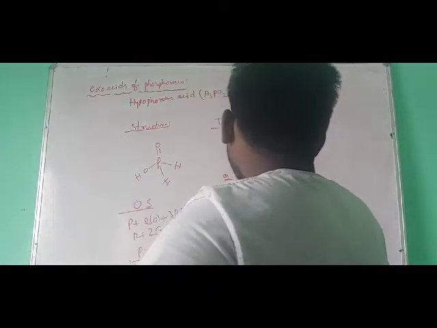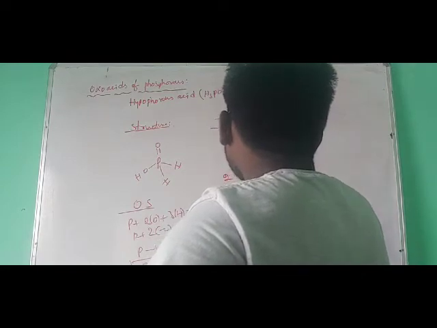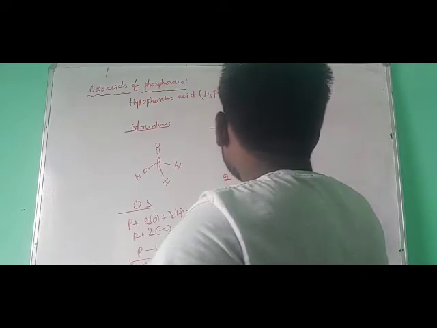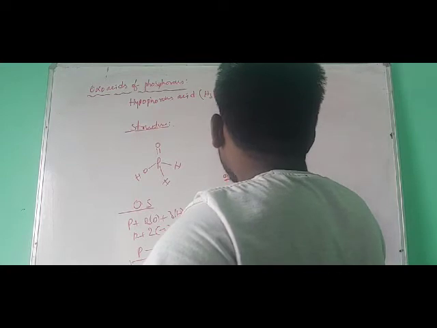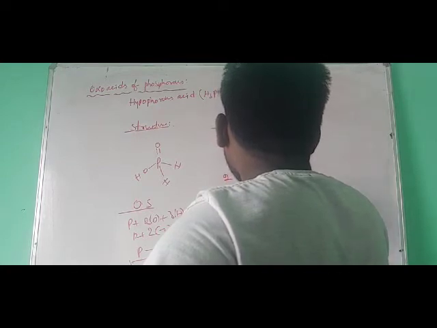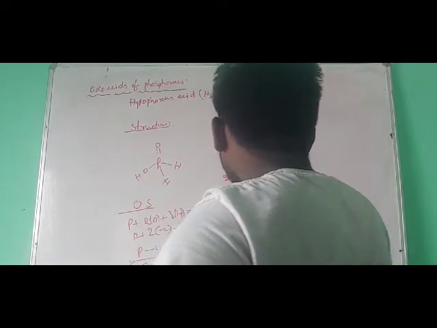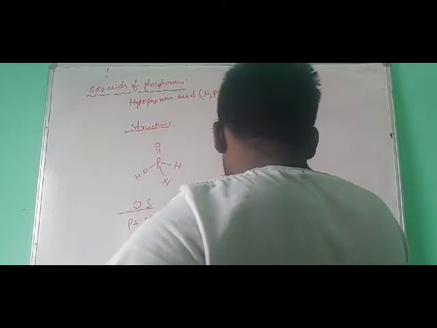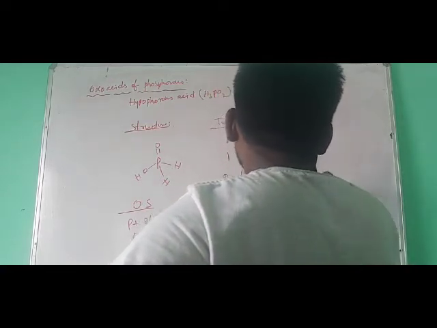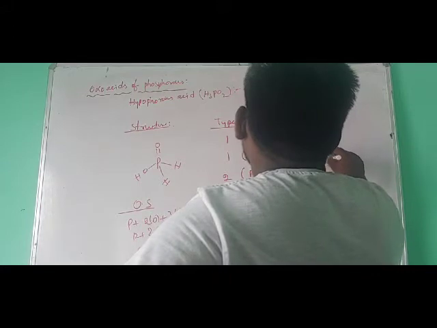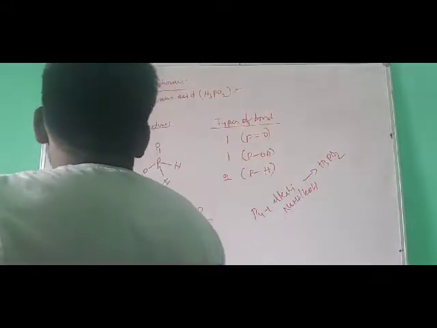And this one we can obtain by treating white phosphorus with alkali like NaOH or KOH. So when you treat phosphorus with an alkali base like sodium hydroxide or potassium hydroxide, we can get H3PO2. Right guys?